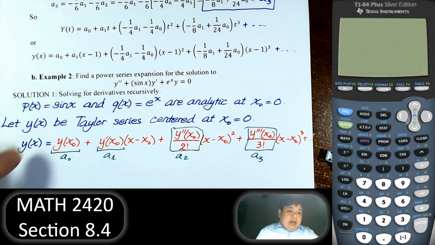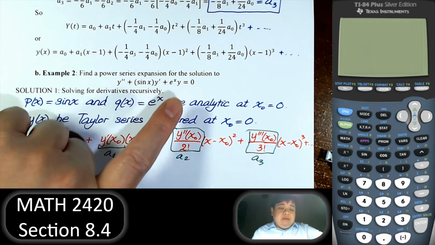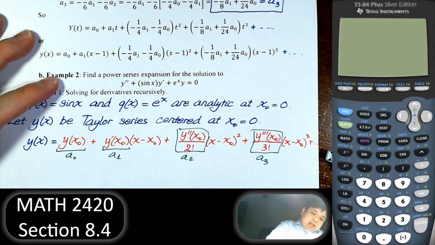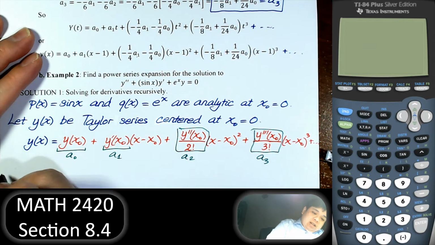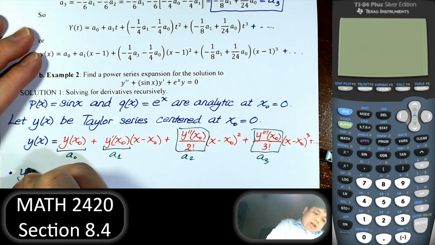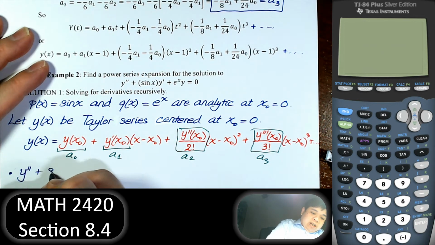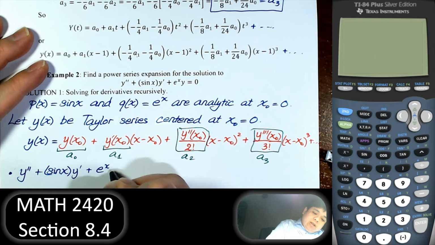Now what do we have? We have the second derivative equal to that. So let's just write: first we have y second derivative plus sine x times y prime plus e to the x times y equal to 0.